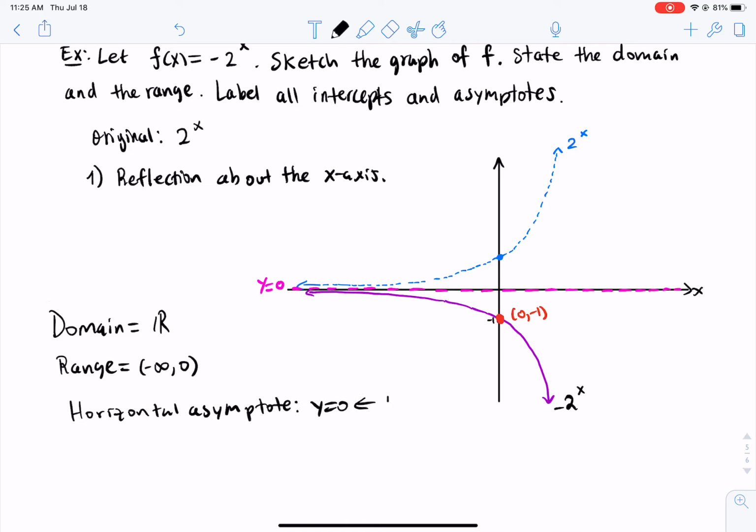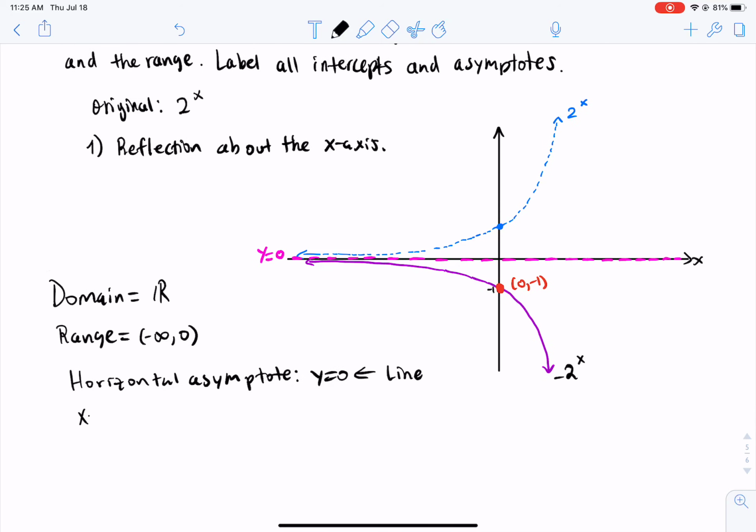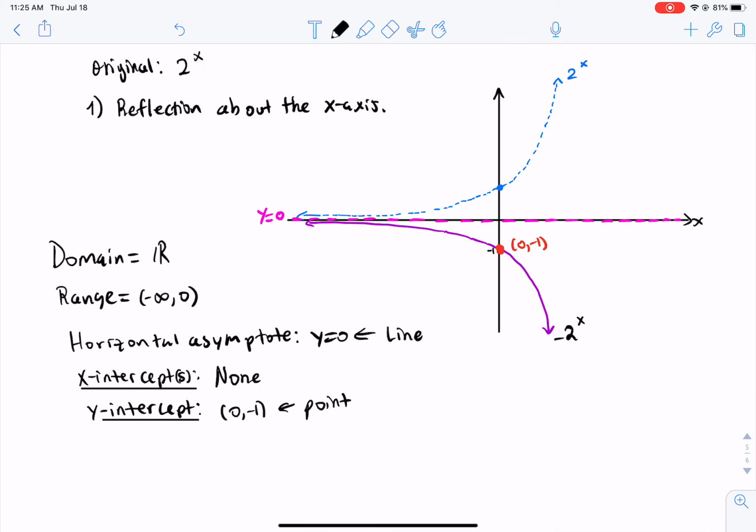The x-intercept, there is none. The y-intercept, there is one of them, which is just the point 0, -1. This is what we have for -2 to the x.